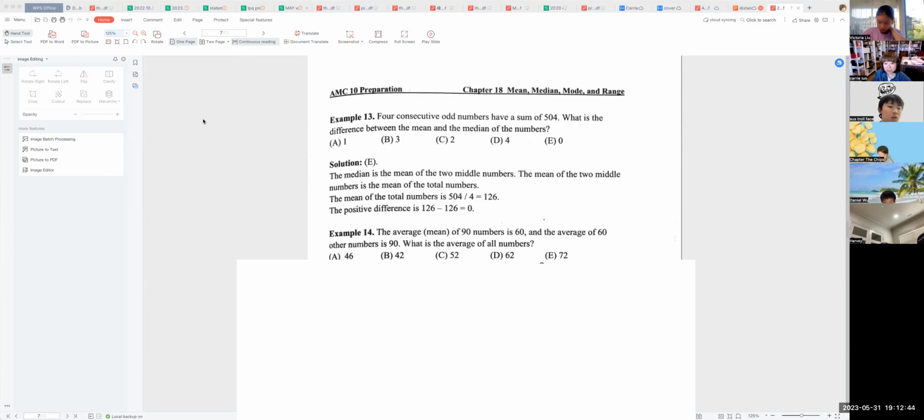Okay, so now let's take a look at this one. The average of 90 numbers is 60, and the average of 6 other numbers is 90. What is the average of all the numbers?